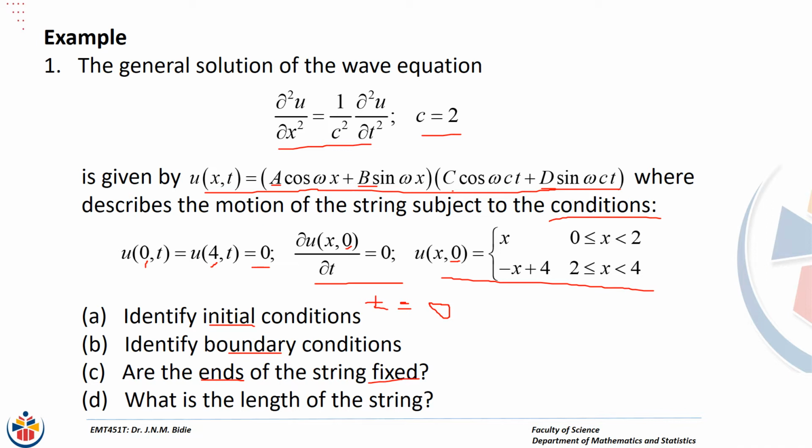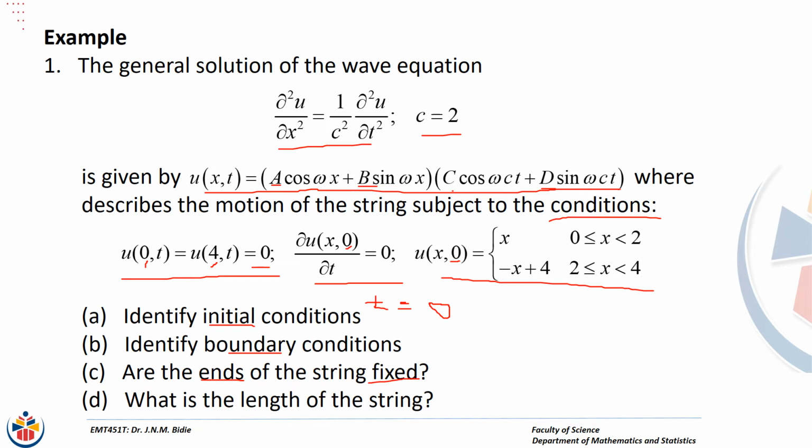Now, the third question asks, are the ends of the string fixed? According to the first condition that we talked about, the displacement at the start of the string is equal to 0, and the displacement at the end of the string is also equal to 0. It means that the string ends are fixed.